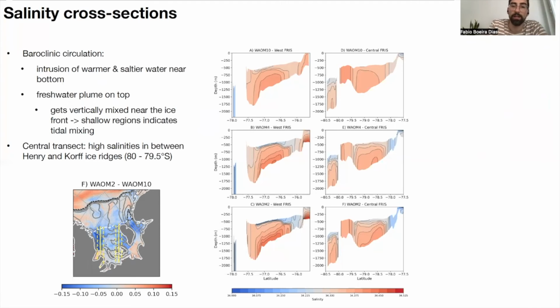But there are regions where this water gets mixed vertically, especially near the ice shelf fronts, and also in the shallow region between the Henry and Korff ridges in the central transect, between 79.5 and 80 degrees south. Because these are regions where you observe refreezing, they have quite high salinity in comparison with the other parts of the cavity.